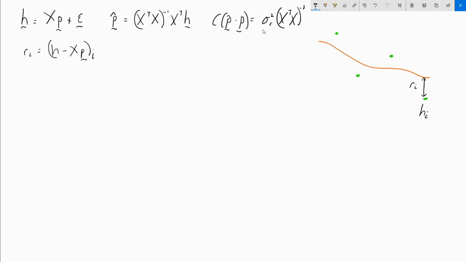Recognizing the noise that's associated with the calibration data set, I'm now going to reformulate the inverse problem as one of getting the best fit with the data, minimizing misfit, minimizing residuals. To do that, I'm going to define an objective function, phi, equals the sum of squared residuals, or to put it another way, equals (h minus Xp) transpose (h minus Xp).